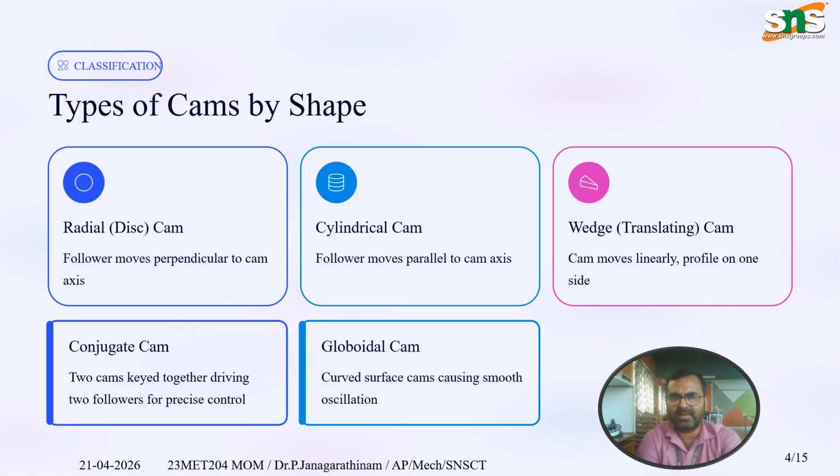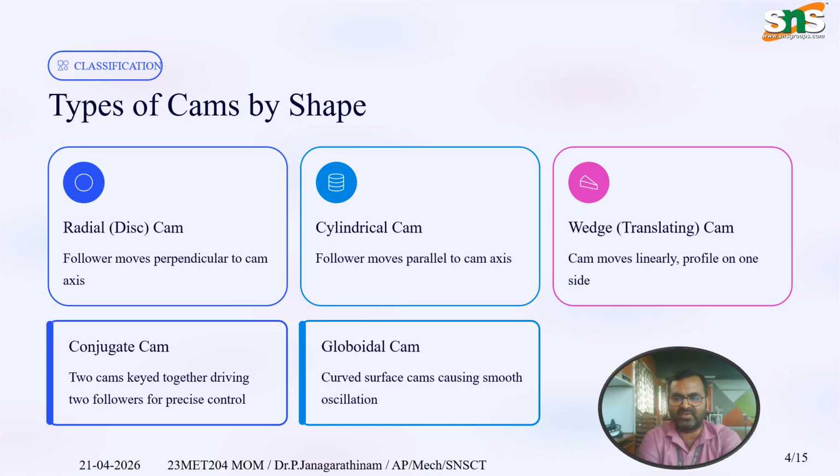Types of cams by shape: based on their shape, cams are classified into different types. First is the radial or disc type cam, then the cylindrical cam, wedge or translating cam, conjugate cam, and globoidal cam. This is the classification based on the cam profile.